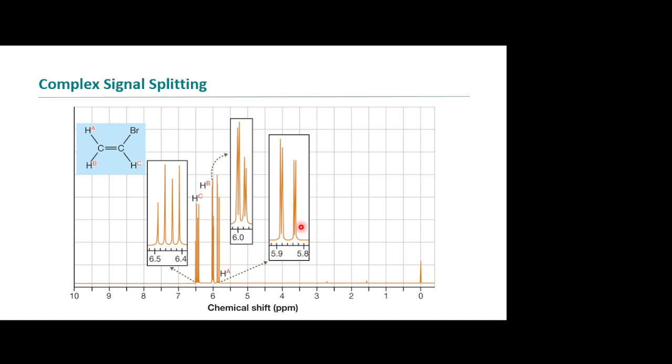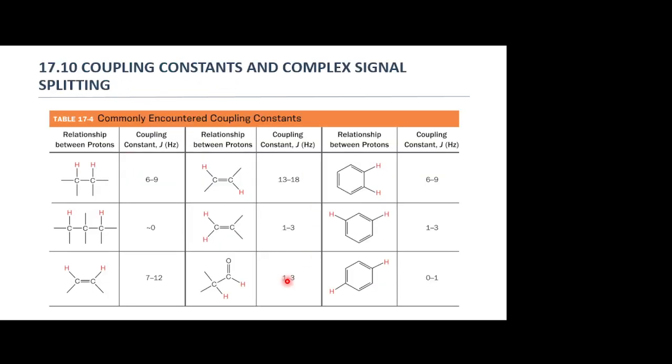This is a different set of splitting interacting with a different set of splitting over on the other side, all right? So in this case, what we have is geminal, and then this being trans, this one being cis, right? And you notice if you go back to your chart here, the geminal had almost no splitting.